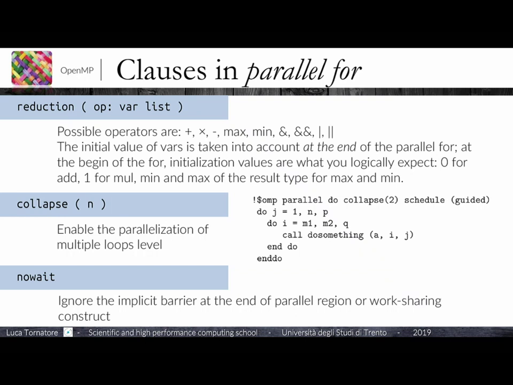Nowait means that you want the threads to ignore the implicit barriers at the end of the parallel region of the work sharing. When a parallel region ends, there is an implicit barrier. It means that a thread that reaches that point just waits for all the other threads to reach it. You may incur some overhead for this.